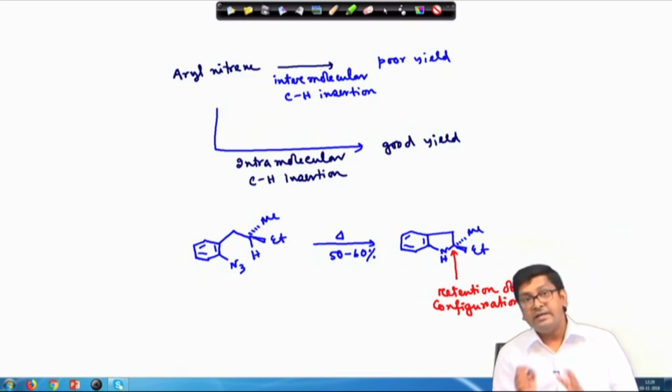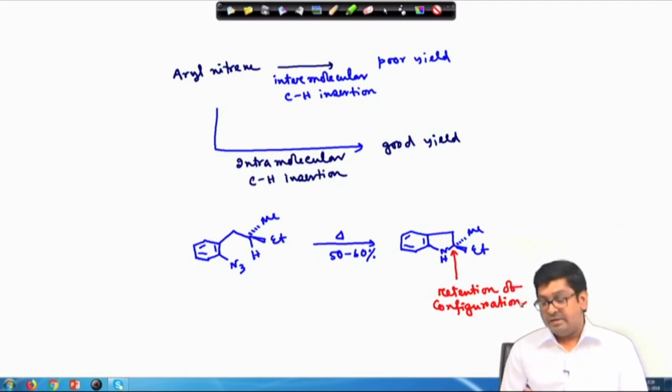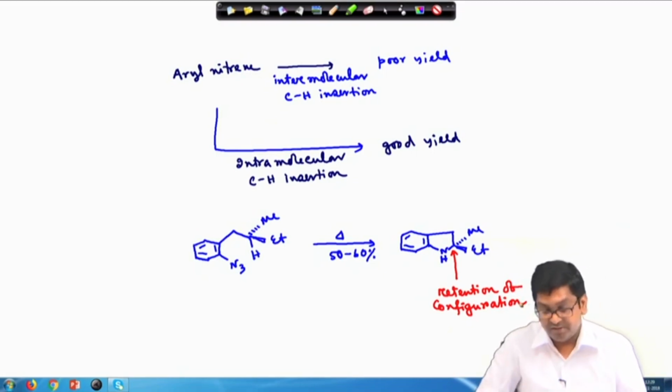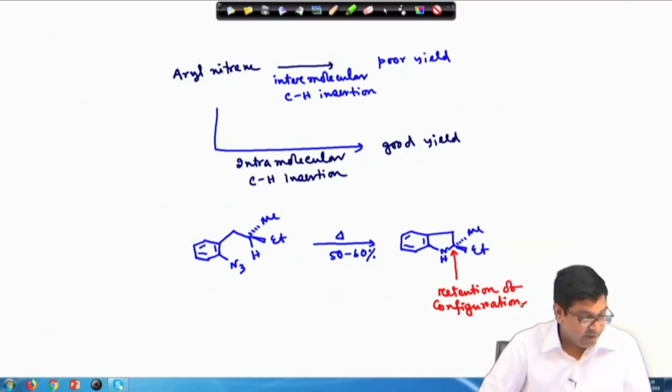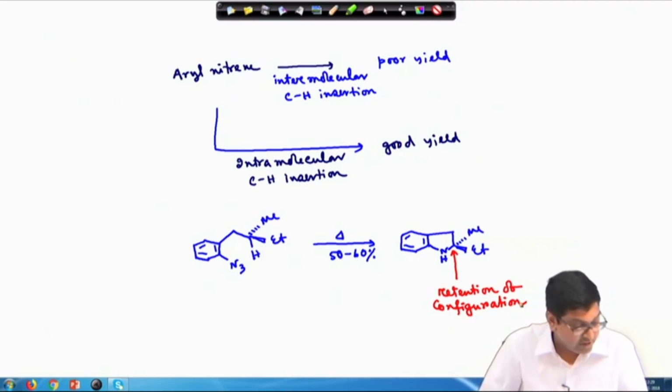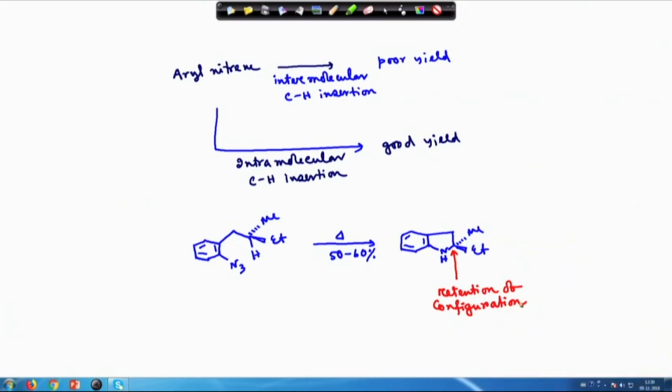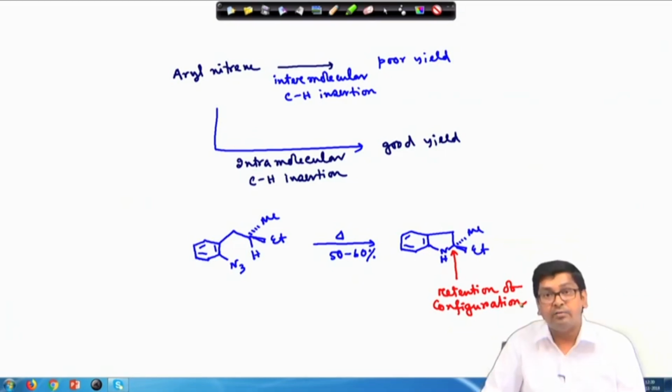So, we have seen that when this intramolecular CH insertion is happening for aryl nitrene, we are getting good yield of product with retention of configuration. And this is one of the examples where intramolecular insertion is happening into an aliphatic carbon hydrogen bond.